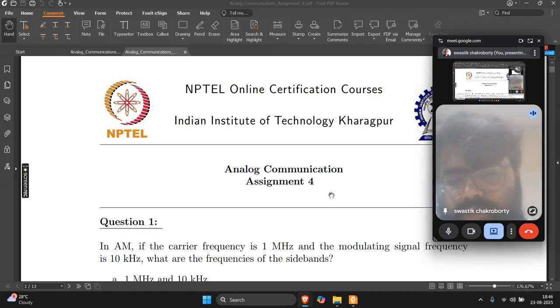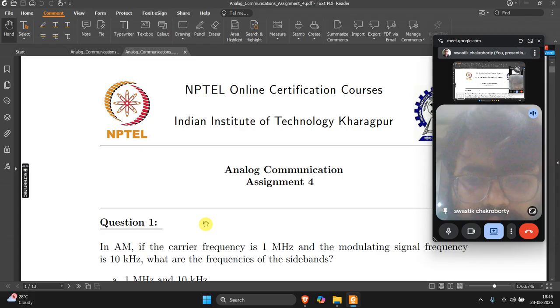So what is the frequency of the sidebands? This is a very simple answer. As you know, the frequencies get added. If your carrier frequency is fc, the frequency of the sidebands will be fc plus fm and fc minus fm. 1 megahertz means 1000 kilohertz.